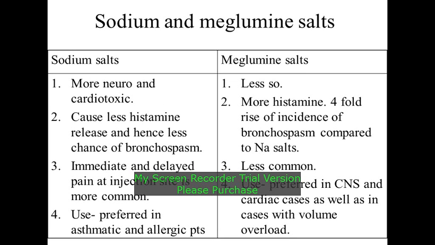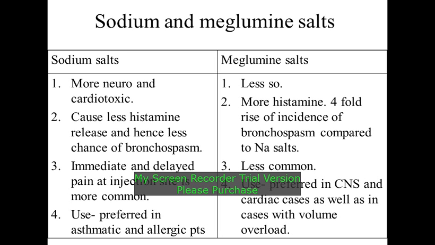Sodium and the meglumine salts. Sodium salts are more neurotoxic and cardiotoxic, cause less histamine release and hence less chance of bronchospasm, and immediate and delayed pain at the injection site is more common, so they are used preferably in asthmatic and allergic patients.